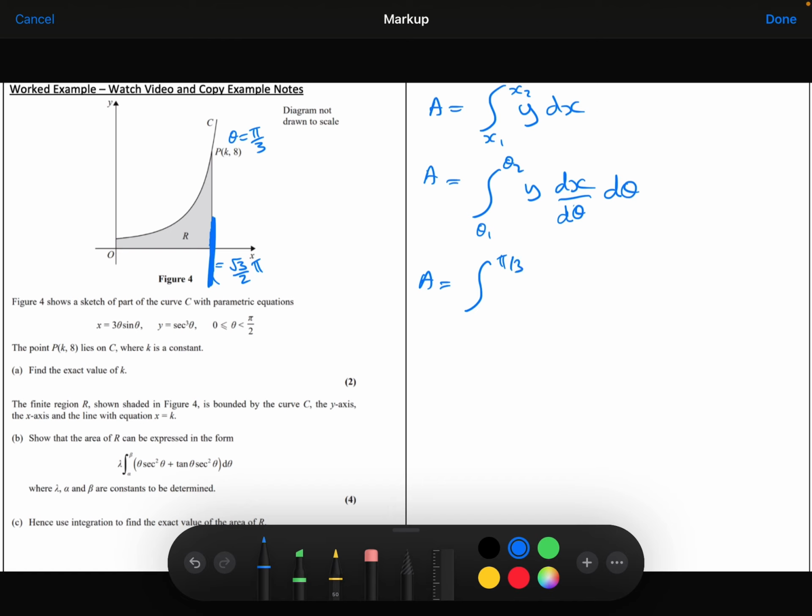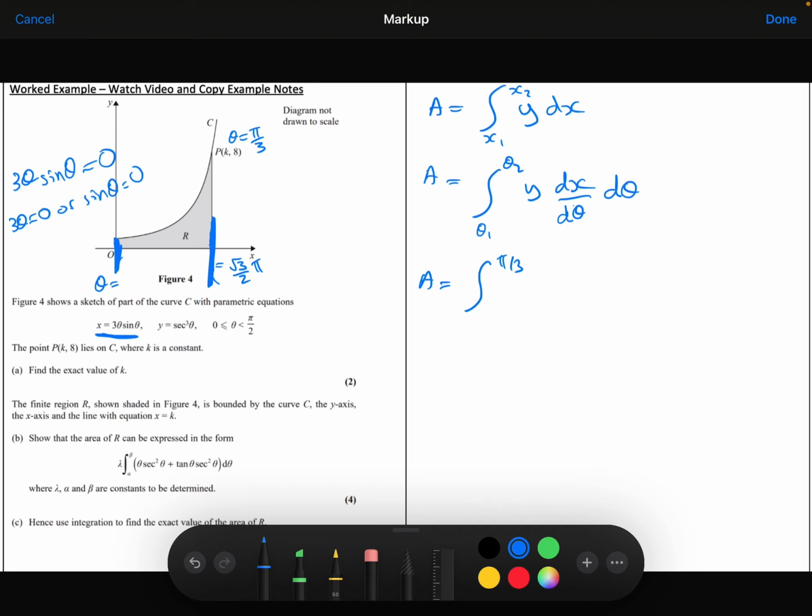My lower limit of integration is whatever theta is here. Well, I know at this point here, x is 0. So if x is 0, then I've got 3 theta sine theta equals 0, which means that either 3 theta equals 0 or sine theta equals 0.